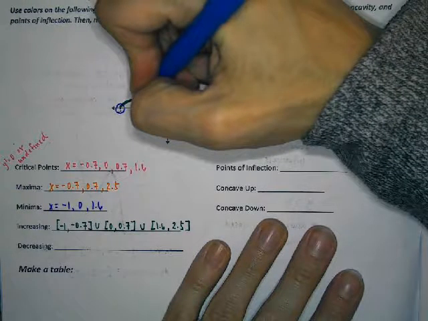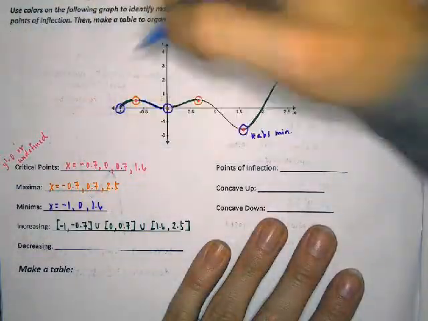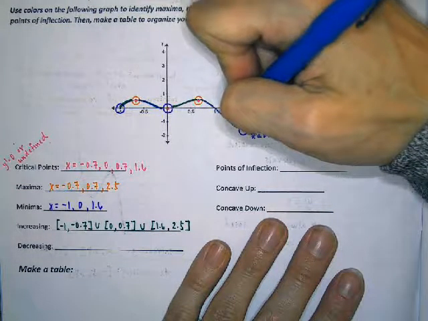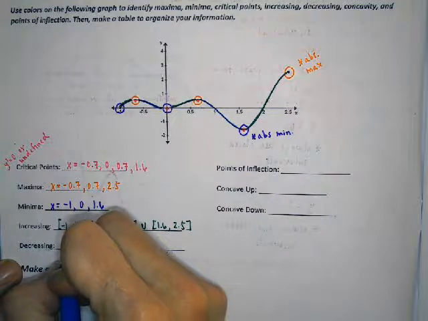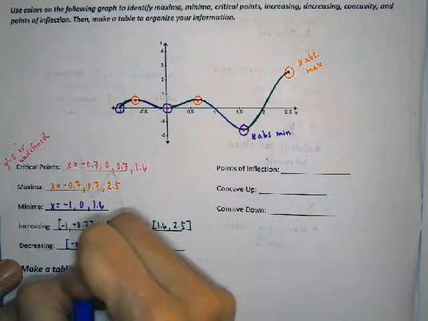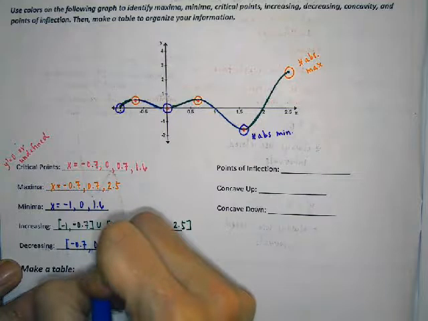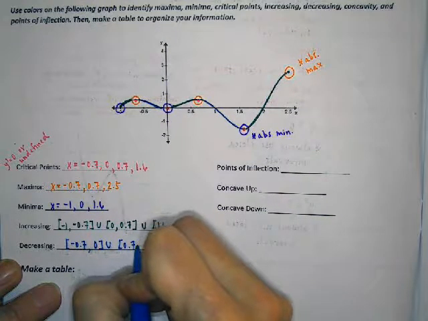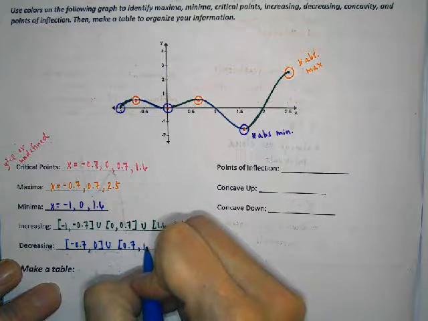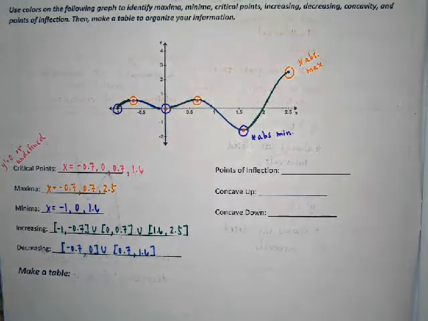Decreasing is obviously those remaining intervals here. So I have two intervals where I am decreasing. Again, that's going to be closed notation. So now negative 0.7 to 0 and 0.7 to 1.6. So this is all the information, right?